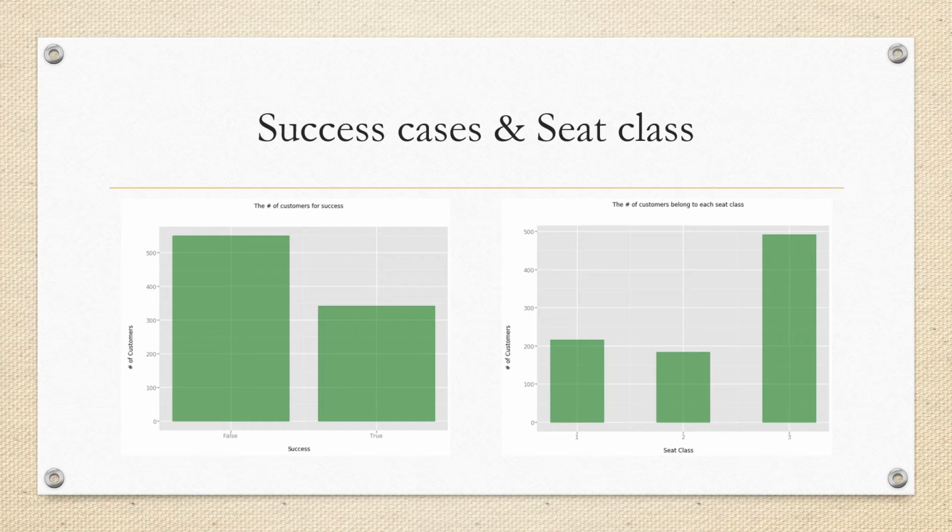It means they did not finish their flight trip, maybe about 550 customers. And the right graph shows most customers prefer to take the 3rd class seat, so it's about 500 customers.